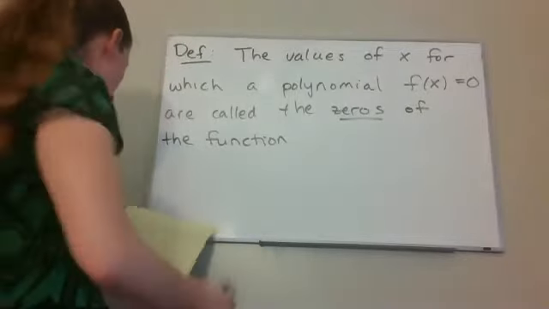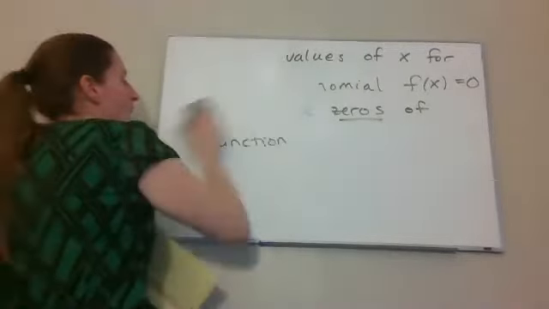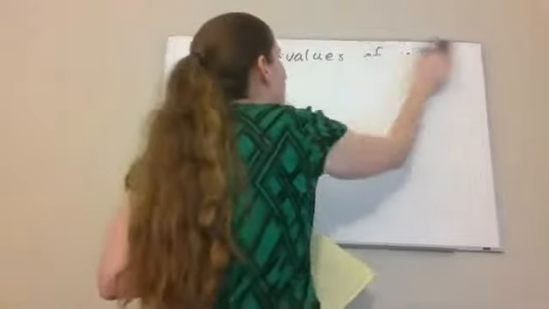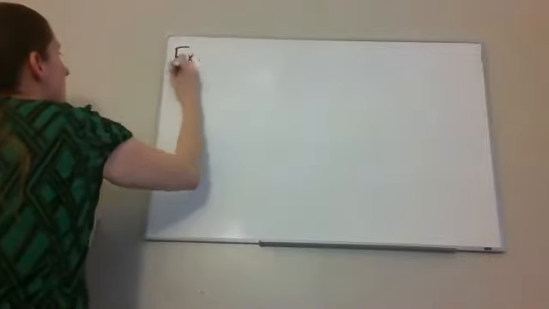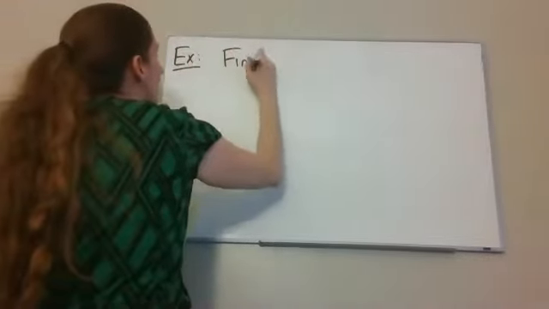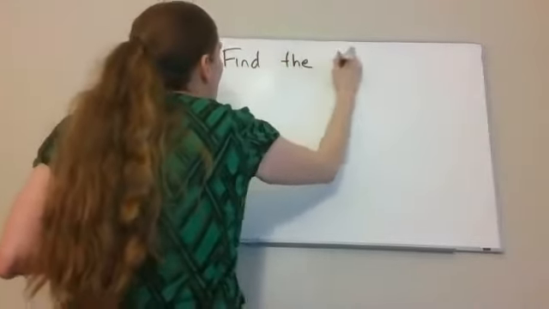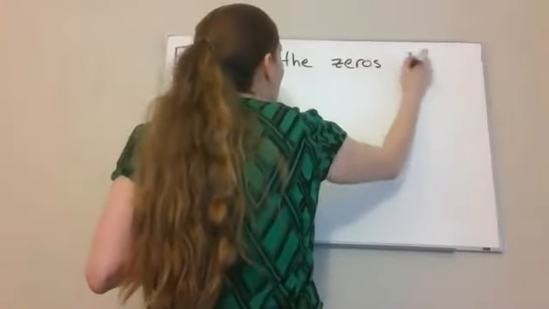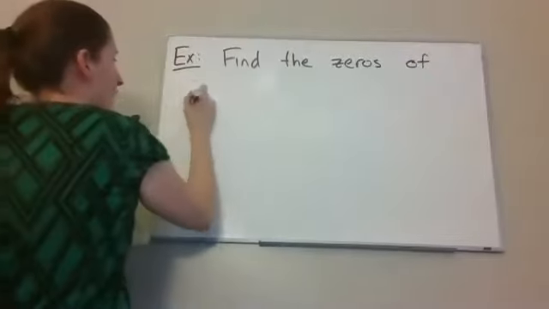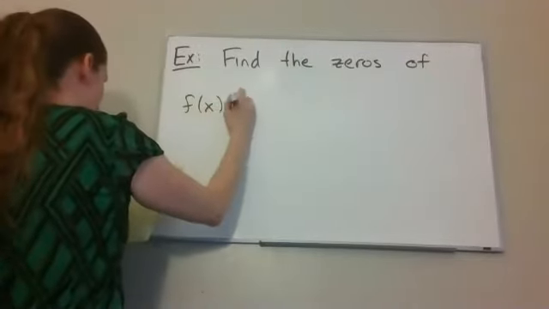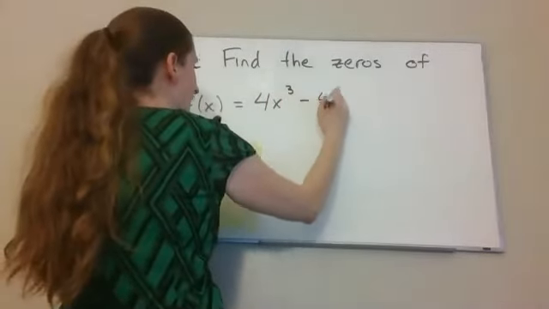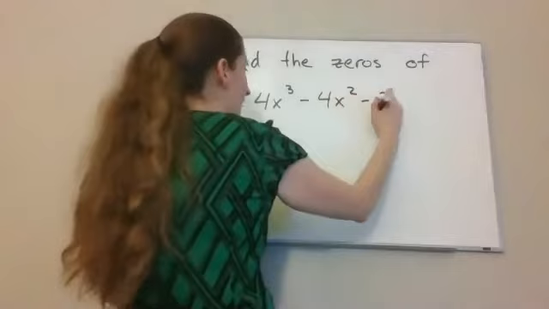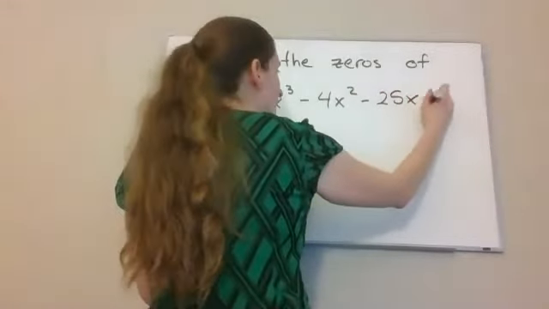Let's do an example where we find all of the zeros of a polynomial. Find the zeros of the function f of x equals 4x to the 3rd minus 4x squared minus 25x plus 25.